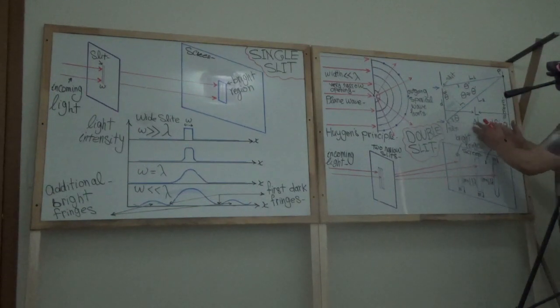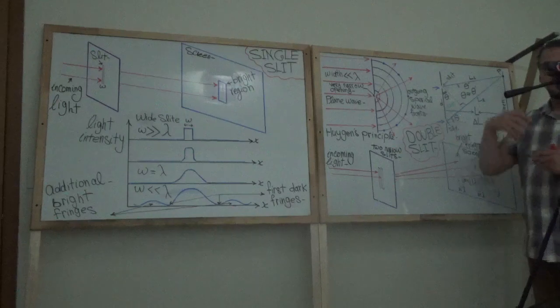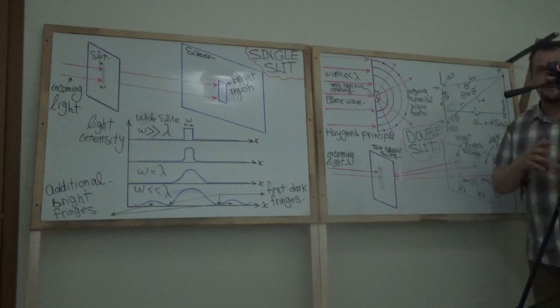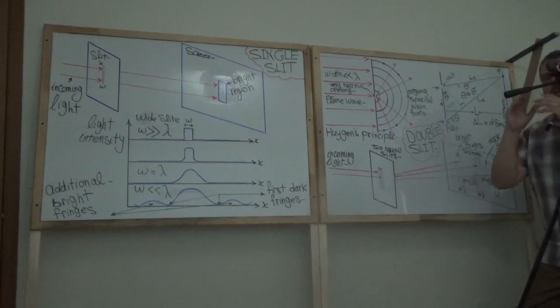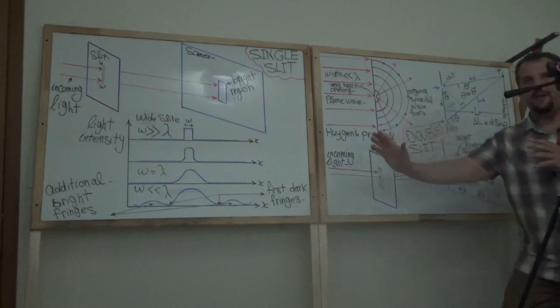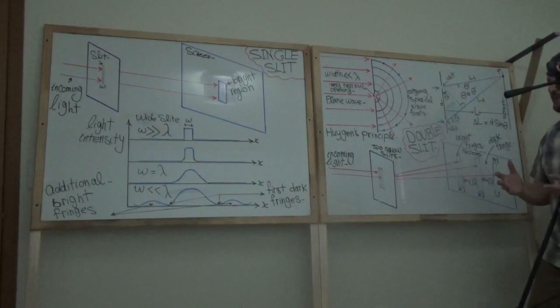Now, what do we mean by delta L? Delta L can be a key to know the constructive and destructive interference. How can we know that? If we have constructive interference, delta L is an integer number times the wavelength of the incoming light. If we have a dark spot or dark fringe, what does that mean?